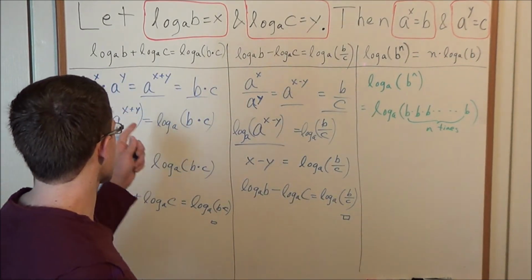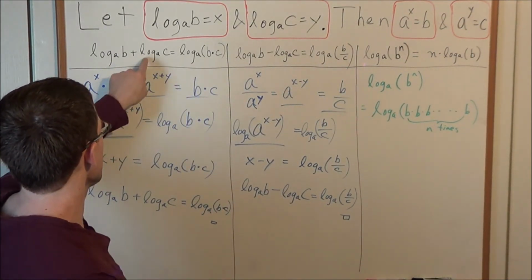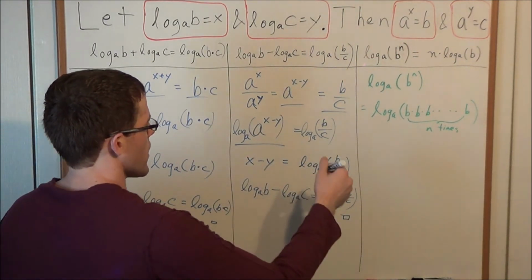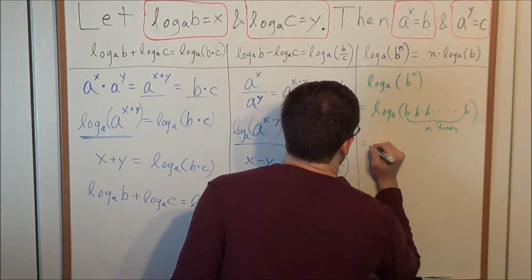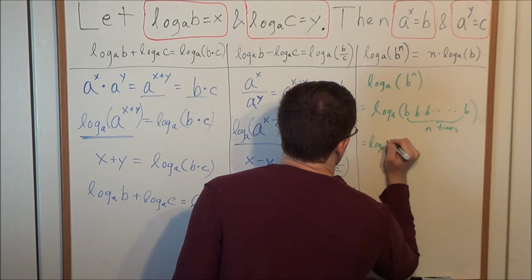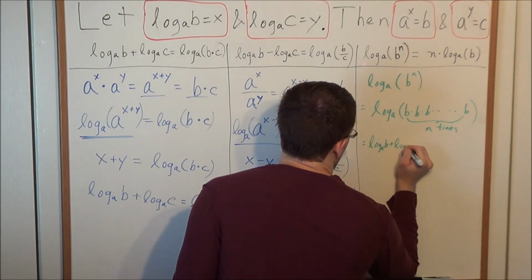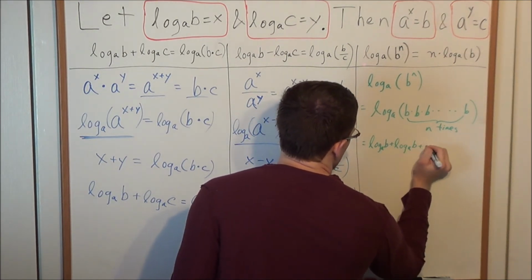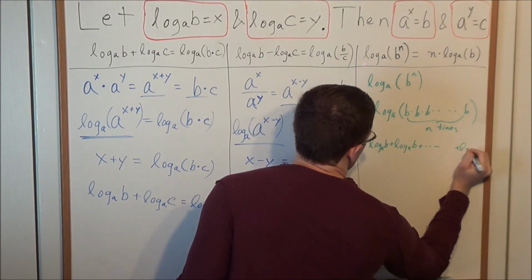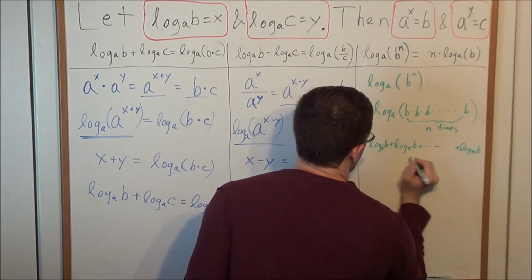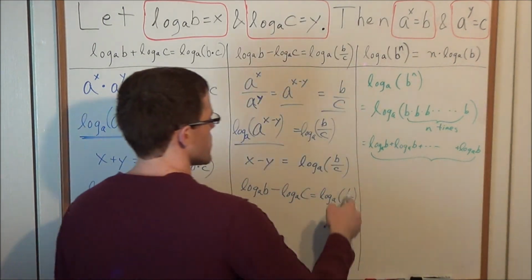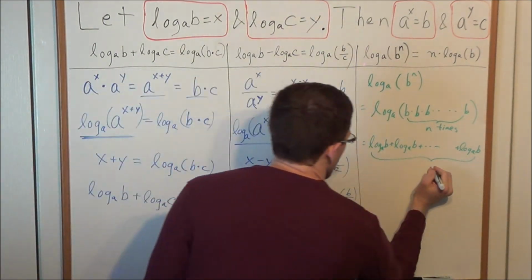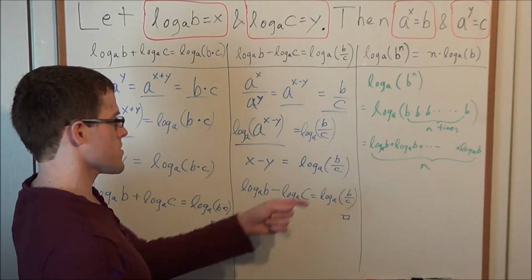Now from what we just proved in this step here, we can say that this is log base a of b plus log base a of b plus log base a of b. We could break this into a sum of n logs.